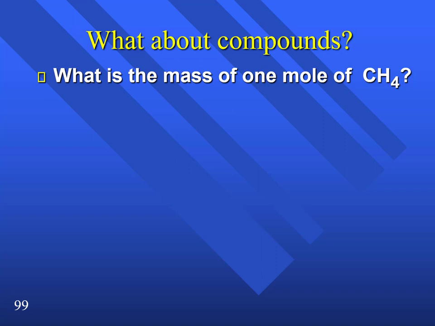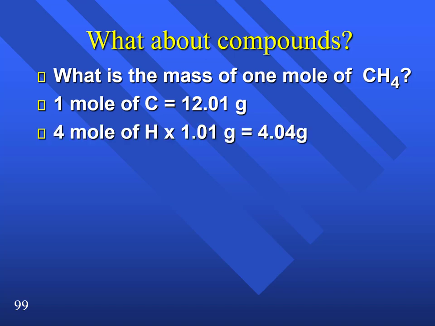Well, I look up carbon on the periodic table. It's 12.01 grams. I look up hydrogen on the periodic table. It's 1.01 grams, but how much hydrogen do I have? I got 4 moles, right? So 4 moles of hydrogen times 1.01 gram for each one is 4.04.